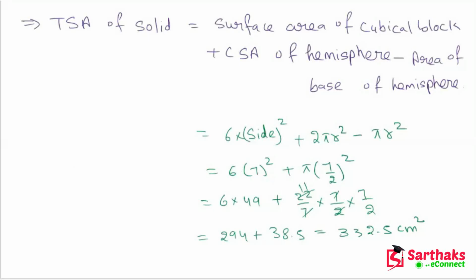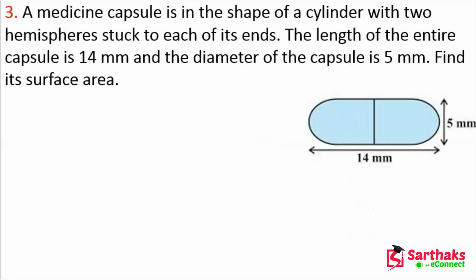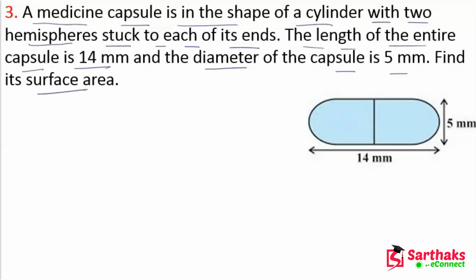Now let's move on to the next question. A medicine capsule is in the shape of a cylinder with two hemispheres stuck to each of its ends. The length of the entire capsule is 14 mm and the diameter of the capsule is 5 mm. Find its surface area.